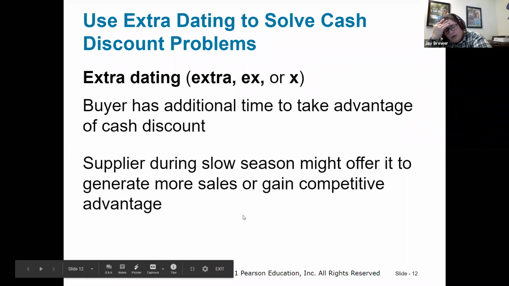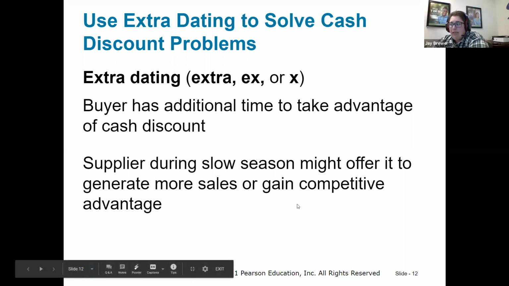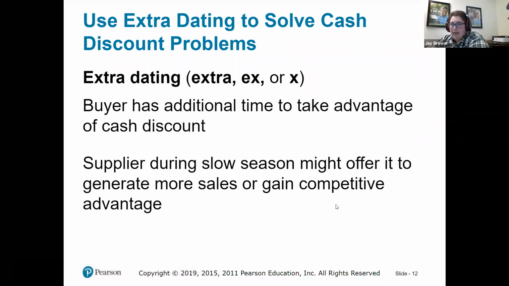Have you ever gone into Best Buy or Lowe's or Home Depot and they say if you open the credit card and purchase an item up to, say, $1,000 or $2,000, something crazy like that, you have 18 months interest free? This falls under that. You have extra time. You have 18 months, not really to make your first payment, but to pay off the total without getting any of the interest added on.